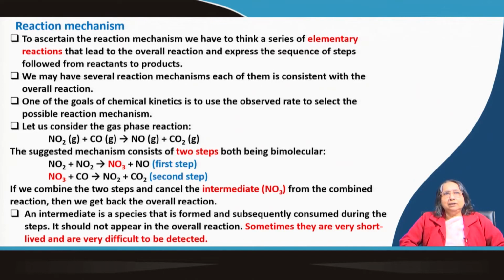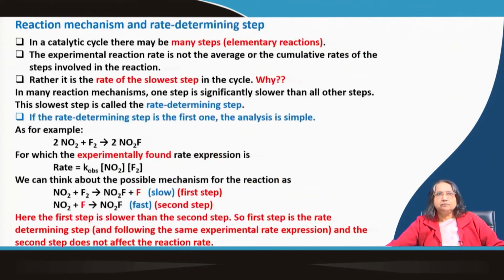If you want proof that the intermediate is formed, then you need some instrument, but sometimes the intermediates are so short lived, with transient existence, that it is very difficult to observe them. There are very sophisticated instruments which can detect those short lived intermediates also. But here I am not discussing that.